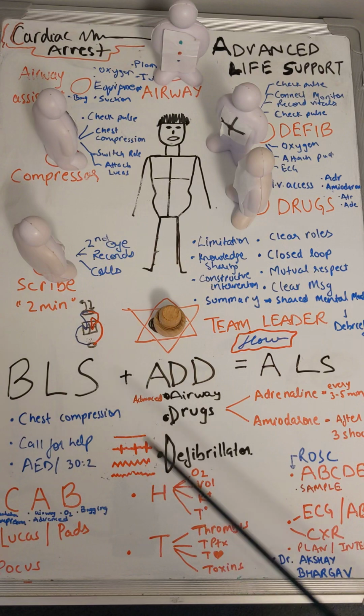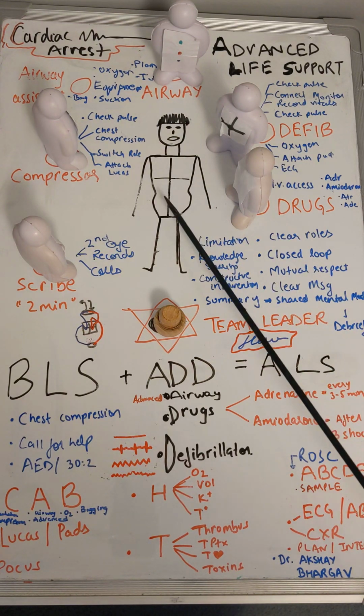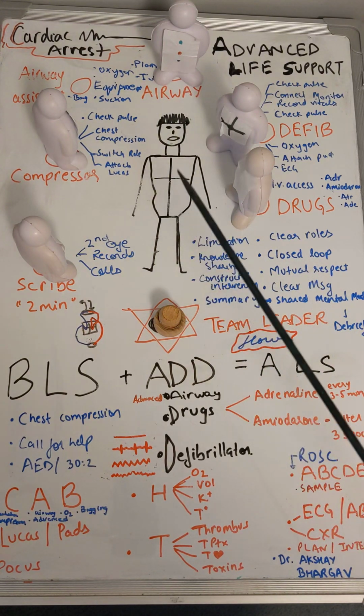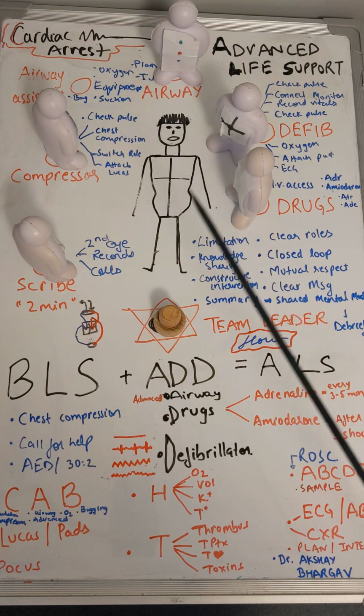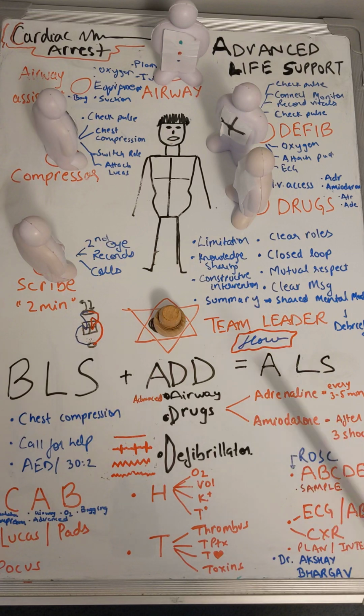So between all of this, you need to keep the patient at the center, and as time goes by, you need to think how beneficial any further activity is going to be.